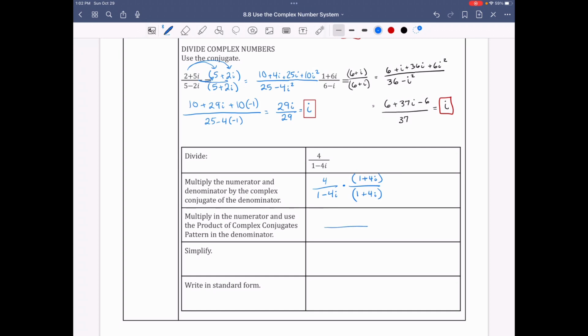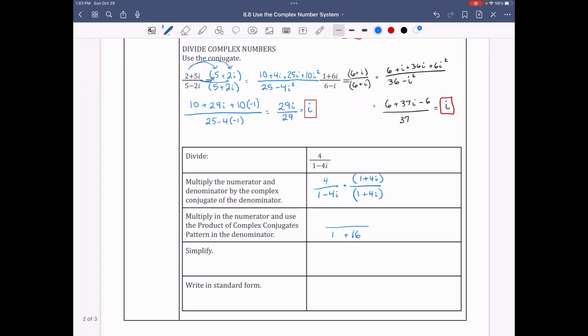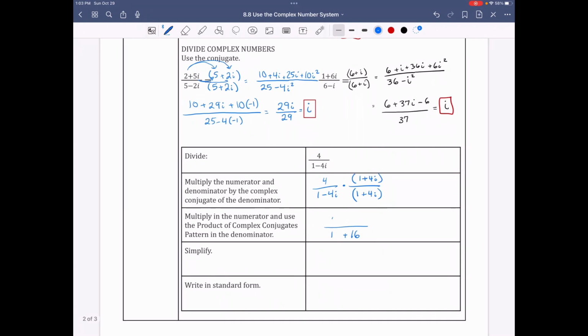Then we're going to multiply the numerator and use the product of complex conjugates pattern in the denominator. So in the denominator, we just have 1, and then it would be negative 16 times i squared, which is simply plus 16. Then we can distribute, we get 4 plus 16i. So when we simplify this, we get 4 plus 16i over 17.